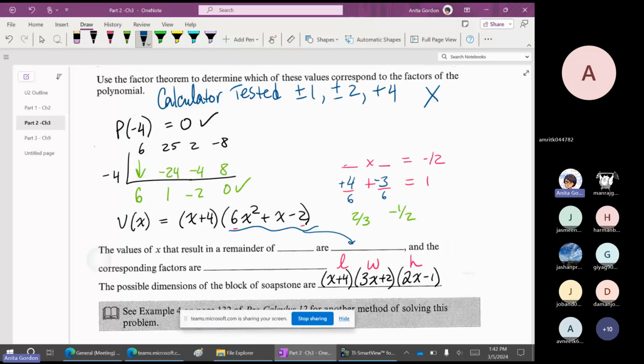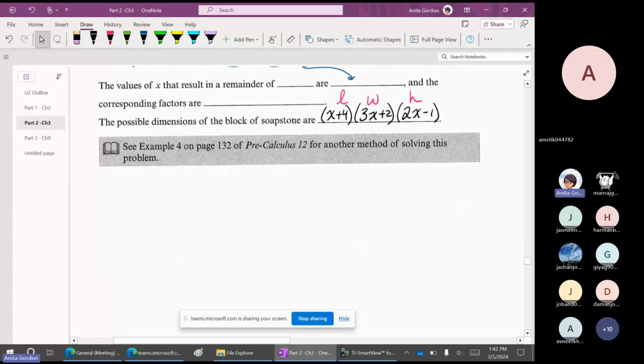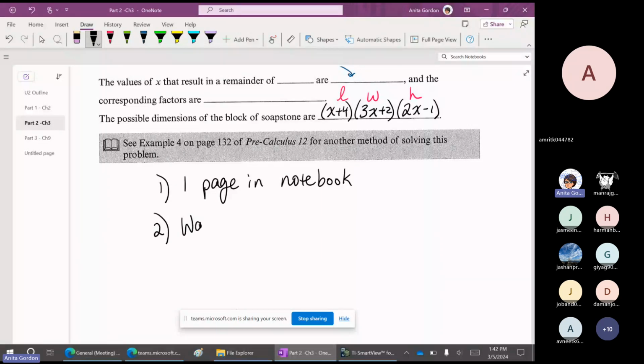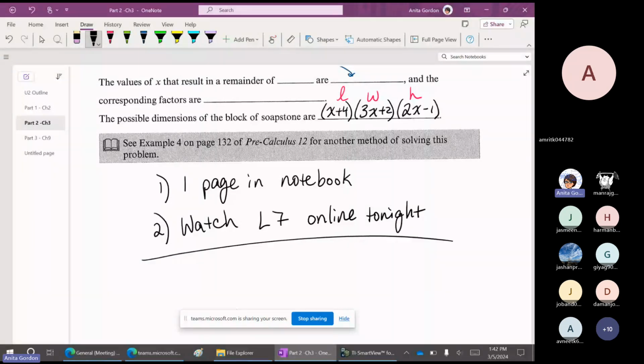Okay, your homework for today, two things. One page in your notebook, so flip over your page. Those are your practice questions for today. And we are going to watch lesson 7 online tonight. It's already posted.